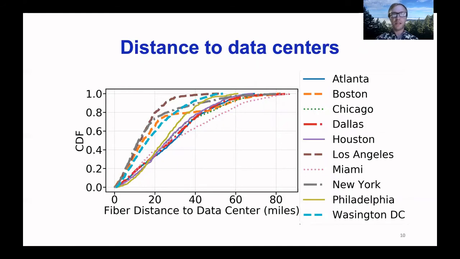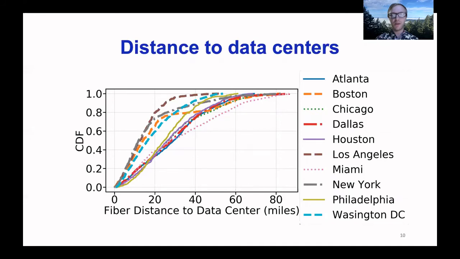We calculated the distance from the center of each one of those hexagons to its closest data center on the map. And from there, we looked at the total distance within every metropolitan area, from each hexagon to its nearest data center, and we came up with these measures.